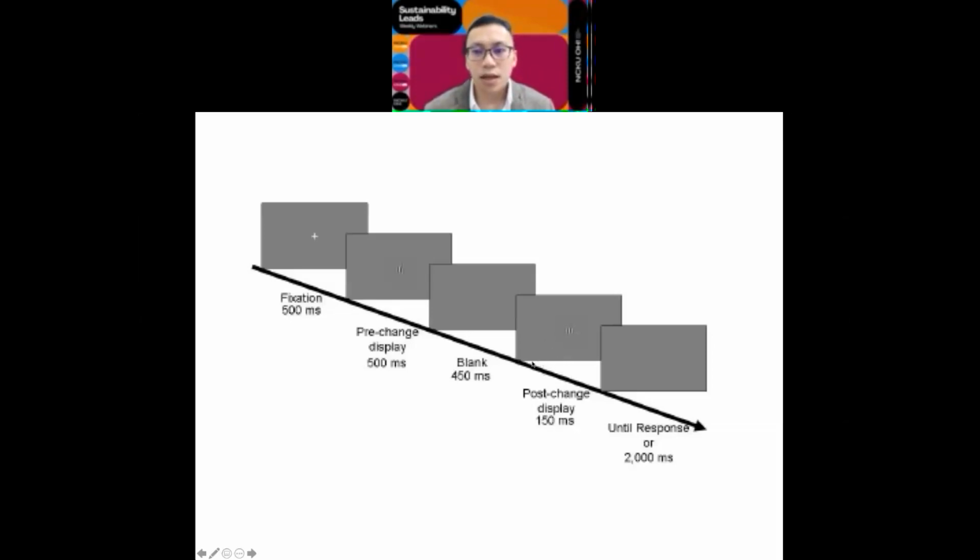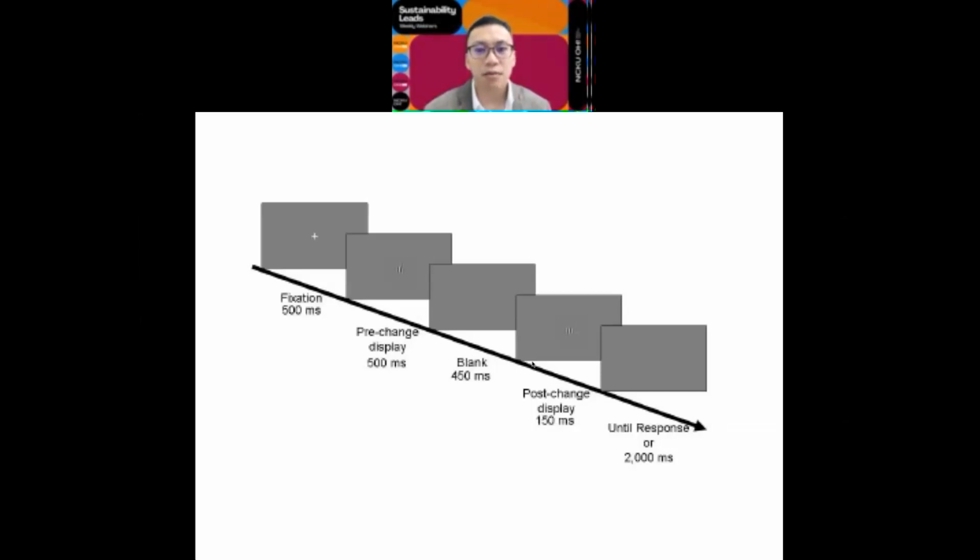And here we manipulate two features of the feature changes. One feature is an orientation change, and the other is the frequency change. So we can have a condition where both changes occurred simultaneously. And we can have the other condition, the so-called single target condition, with only one feature change and the other feature remaining.